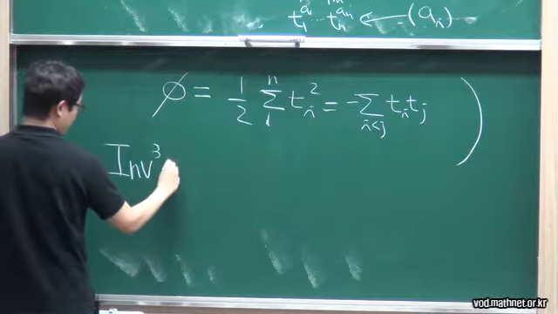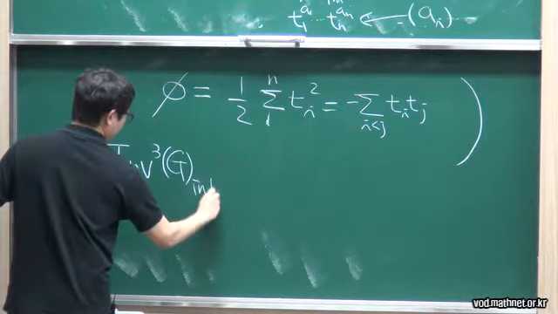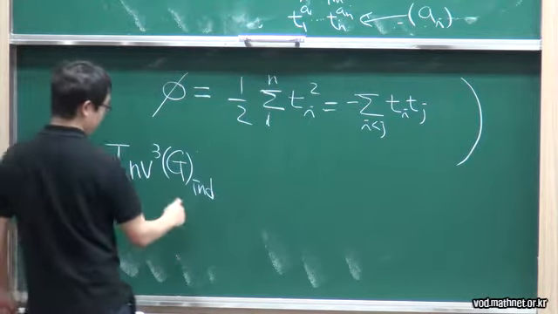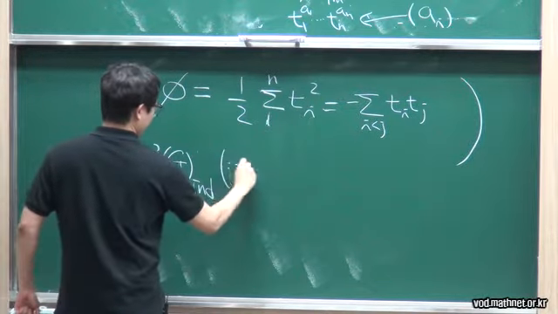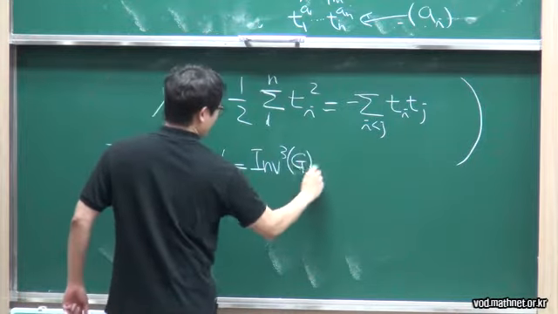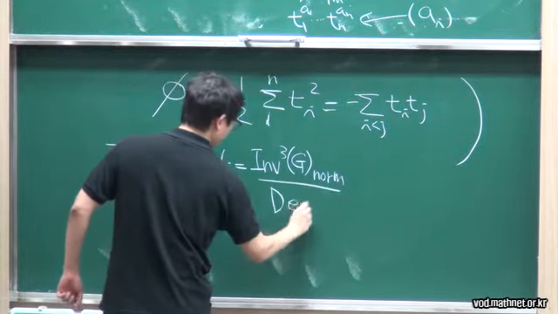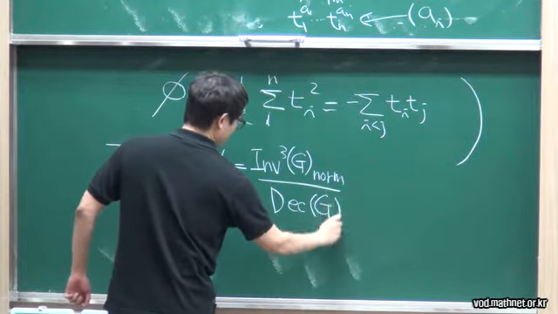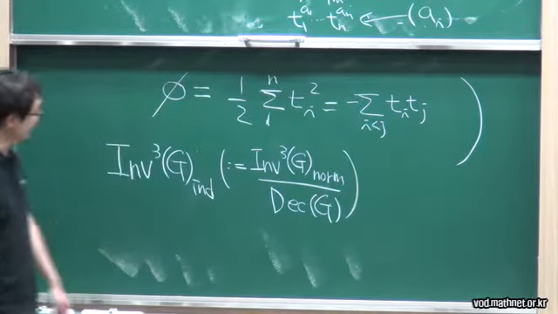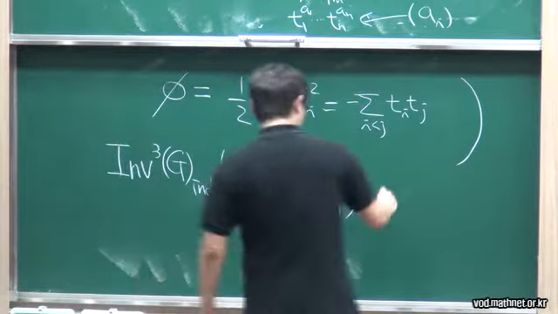And we know how to compute the indecomposable group, which is the quotient group of normalized invariance by decomposable invariance. And this is just the definition of indecomposable invariance.